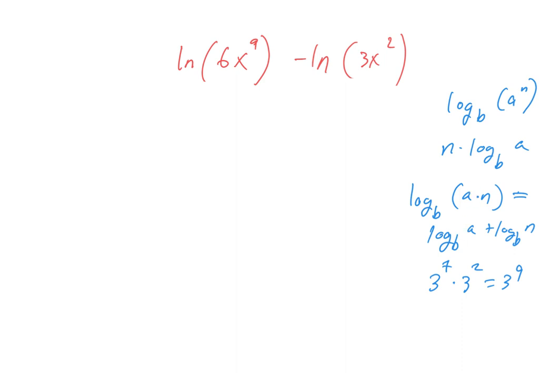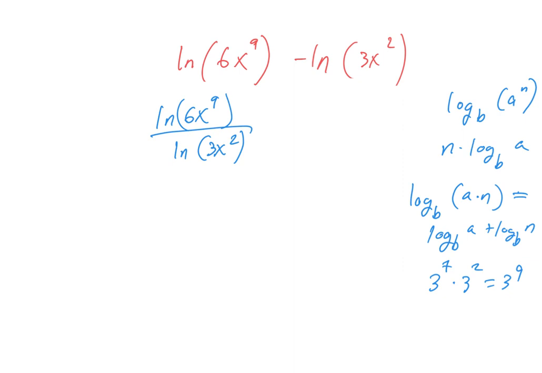And then the same thing goes for subtraction. Subtraction of logarithms is division. And up here, I have subtraction. There's a lot of ways I could tackle this problem. If I do that first, I can go natural log of 6x to the 9th divided by natural log of 3x squared, because the property of subtraction is division in logarithms.